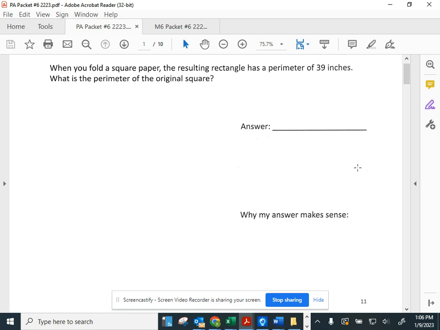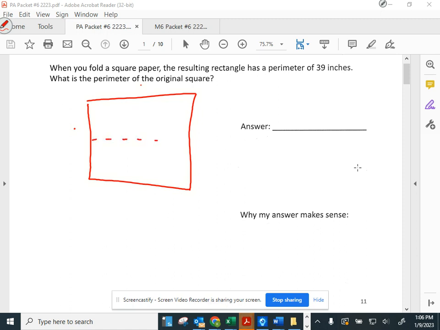So we're going to look at this and we're going to say, well, I need a square. So I know that a square, each side is going to be the same size. And I know that the rectangle has the perimeter of 39 inches. So I need to think this through logically on how this is going to work.